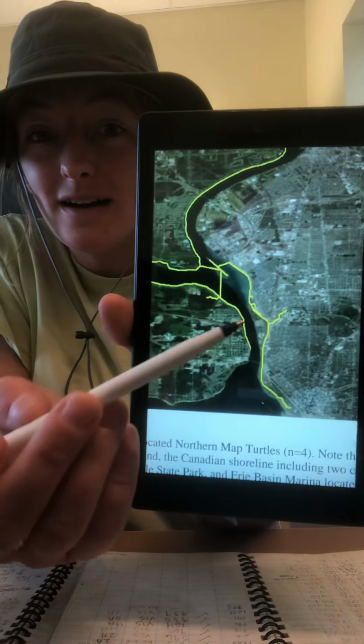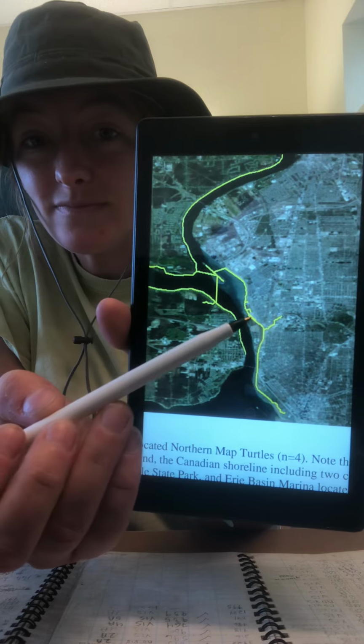So there's a lock right here, and if that lock is open, animals are able to move through and get up to Lake Erie using the canal. But if it's not, then they're trapped in that habitat and not able to make it back up to Lake Erie. So that was one of my management conclusions, is that maybe with better lock management, maybe if one side is left open, then animals are able to move through more freely.